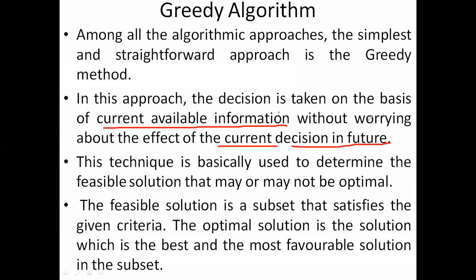Whatever the current available information is, it uses that information to produce the result. This technique is basically used to determine the feasible solution. It may or may not be the optimal solution.